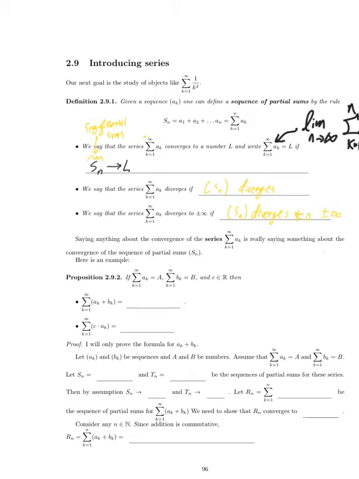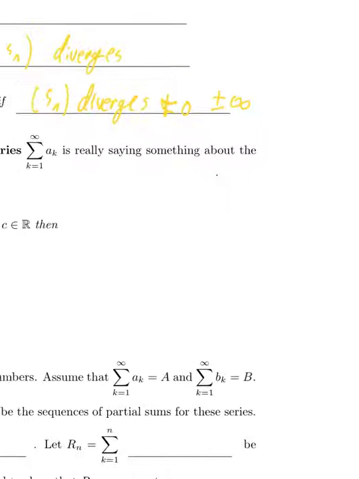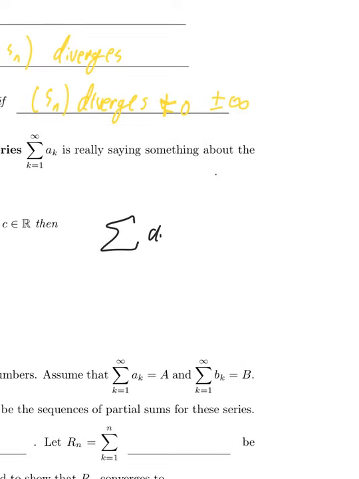Then, well, let's try to decide what the sum of all of the a_k plus b_k is. Informally, if it were a finite sum, you could definitely just rearrange the order in which things were written and rewrite this as the sum of the a_k's plus the sum of the b_k's. It sure seems like the sum of all of the a_k plus b_k should be the same thing as adding up all of the a_k's and then adding up all of the b_k's.